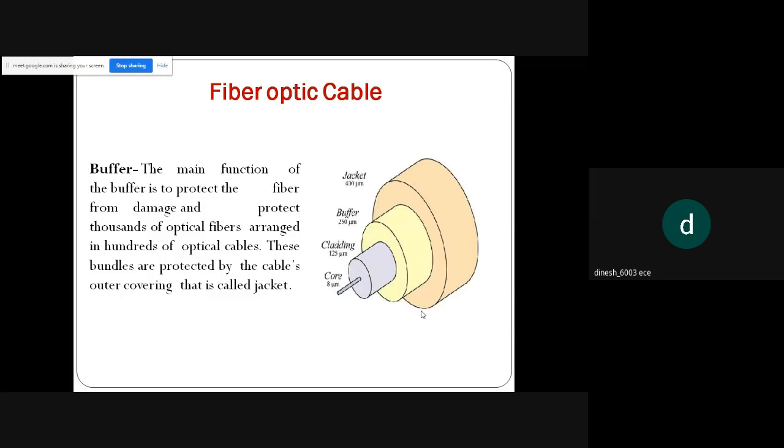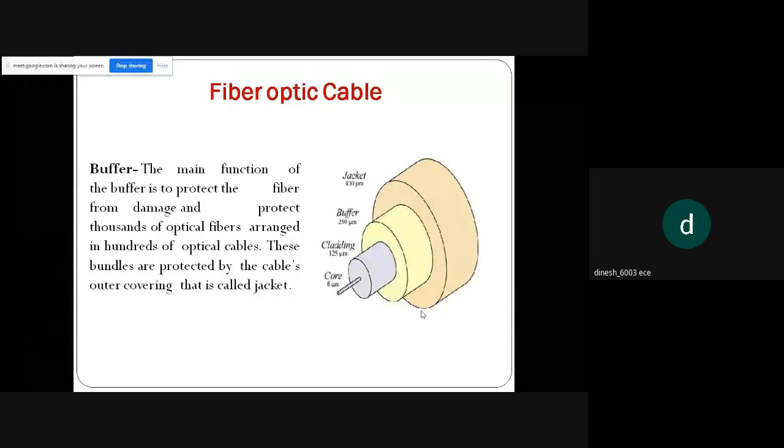The buffer is used to protect the fiber from damage of cladding and core.